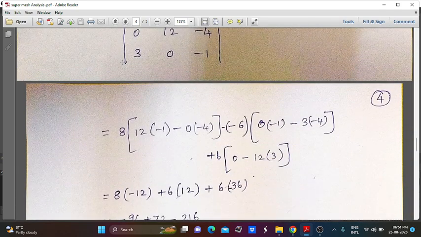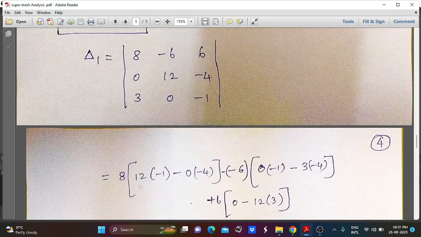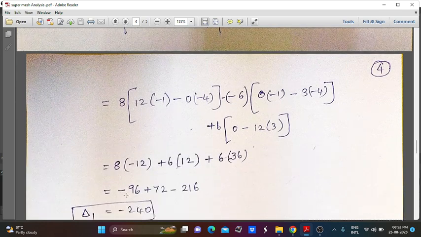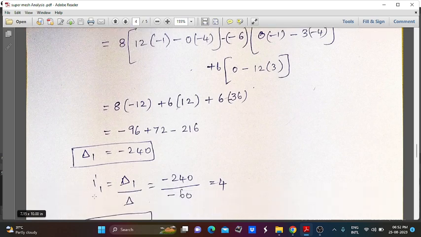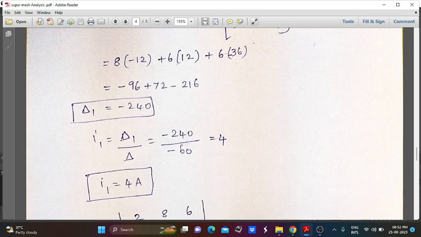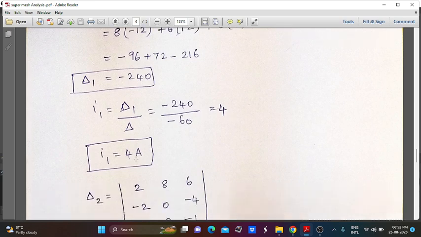Again we apply this procedure: first row and first column should be considered and the remaining parameters are multiplied and subtracted. We get minus 96 plus 72 minus 216. Del 1 answer is minus 240. So I1 can be determined with the help of the formula del 1 divided by del, that is minus 240 divided by minus 60, which is equal to 4. So I1 is 4 amps.